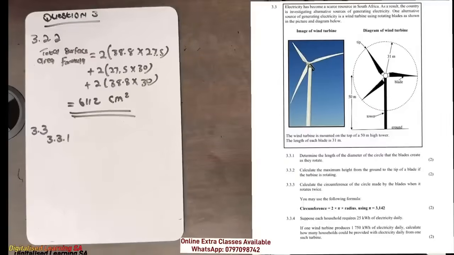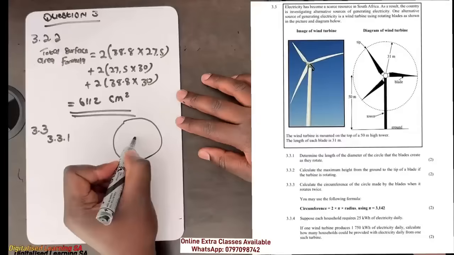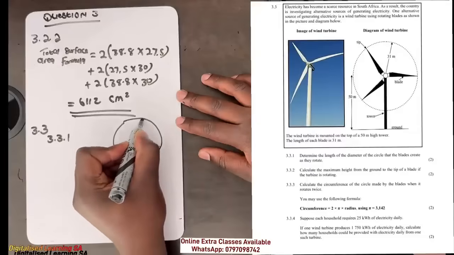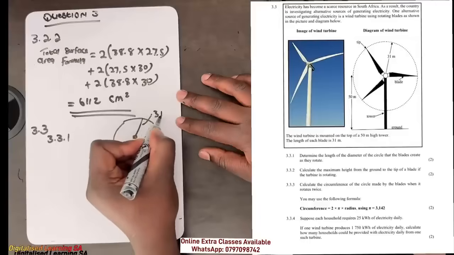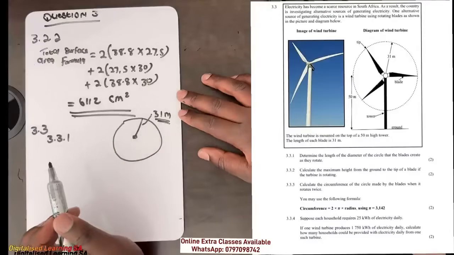So now we need to look at our circle, and this is how we should approach it. From the center to the edge, we have 31 meters. So this is our radius.